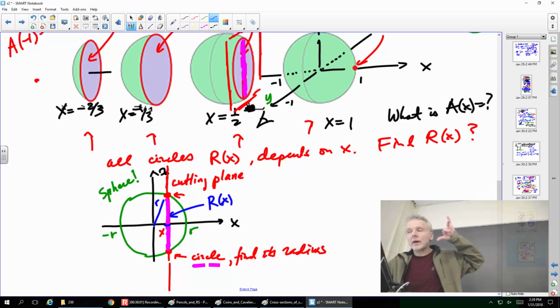Twice will be the diameter. The inclined line is the radius of our original sphere, and the bottom is x, which varies. So we can certainly find r of x. What's r of x?